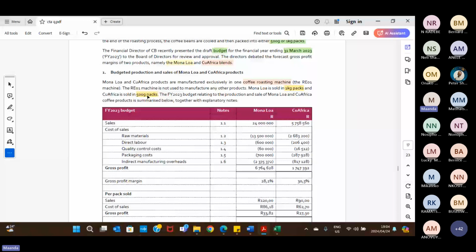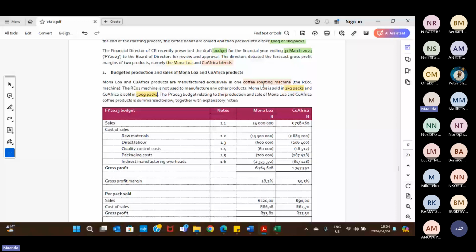Meaning that if I'm selling at 1 kg, and I've sold 200 units of M, it means I've sold 200 kgs of coffee beans of M, right? So 500 units multiplied by the 1 kg pack is 500 kg that I've sold, if I'm translating that into units.